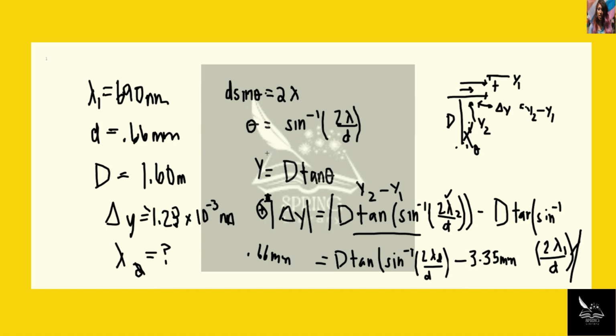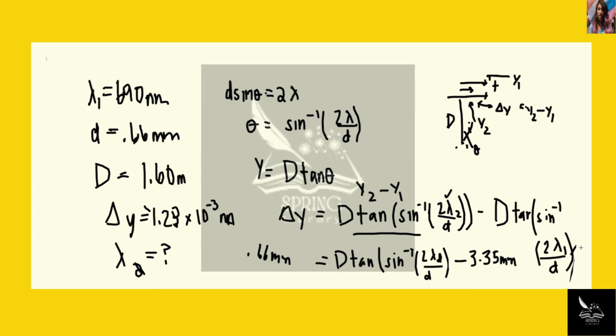And we know that the Y for each one is D tan theta. So delta Y is going to be, just plugging in this for Y, Y2 minus Y1, and we know it's going to come out negative. So let's just drop these absolute value signs.